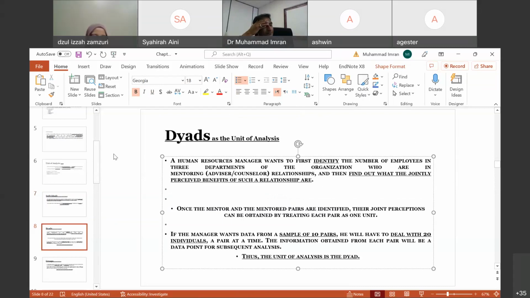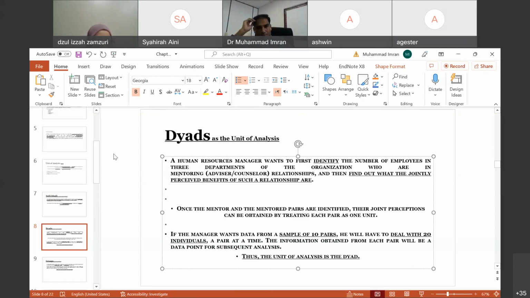A human resource manager will first identify the number of employees in three departments of the organization who are in a mentoring, advisor, counselor relationship, and then find out what the jointly perceived benefits of such a relationship are.